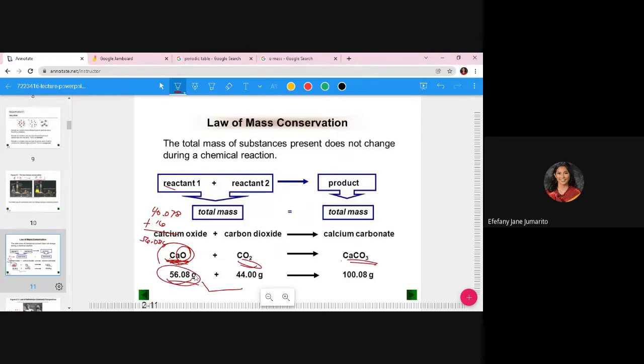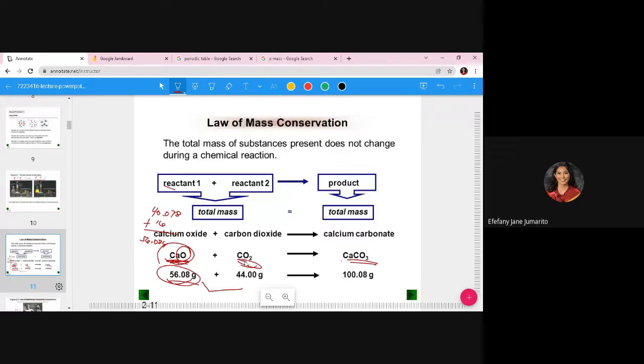That is the mass of your calcium oxide. I believe you already know how to get the mass of compounds. You just add the atomic weight of each element.